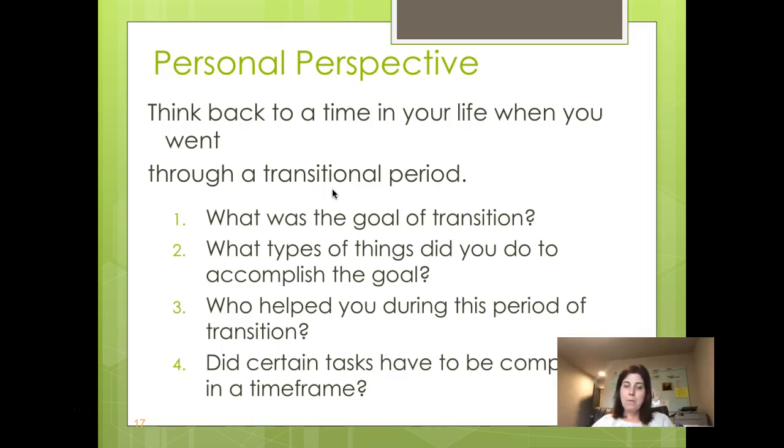Unfortunately, IEP meetings can sometimes have a short time frame. It's very specific, and a lot of times it's not quite as collaborative. But thinking about the transitions that you've had in your life can really help figure out how to best serve the student you're talking about if you're in a meeting where they're discussing transition planning.